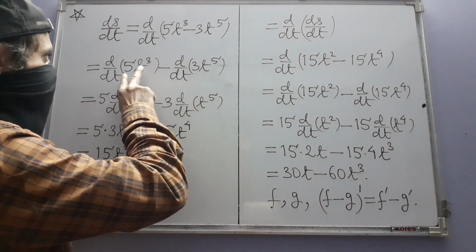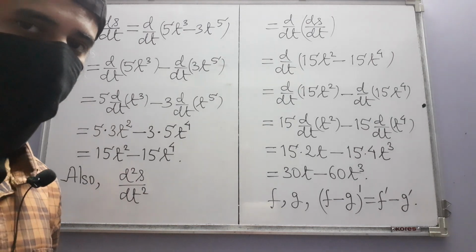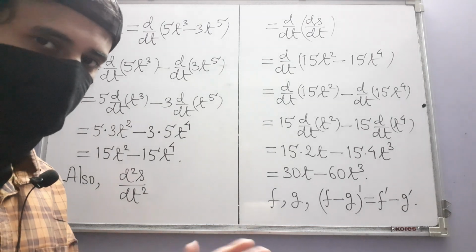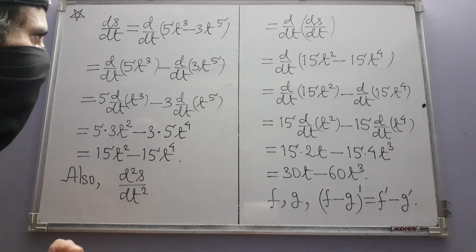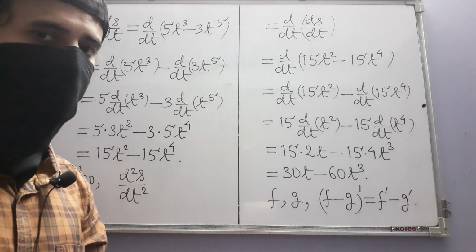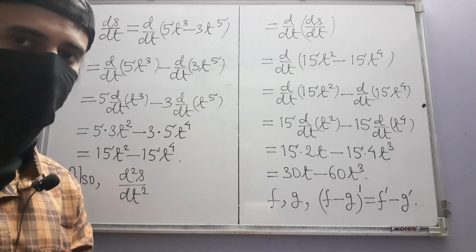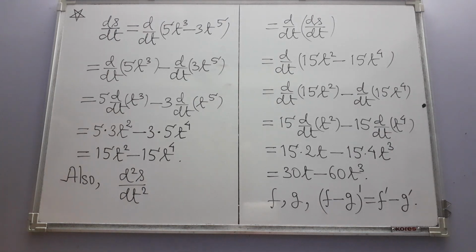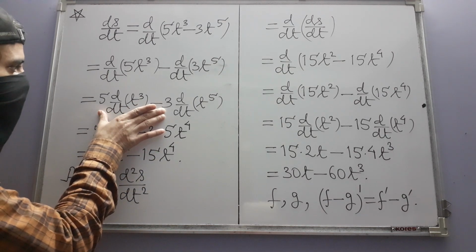How do we know that 5t cube and 3t to the power 5 are differentiable? We don't immediately know this. Just think about it. But then how are we using this difference rule? The answer you can see if you look at this expression.